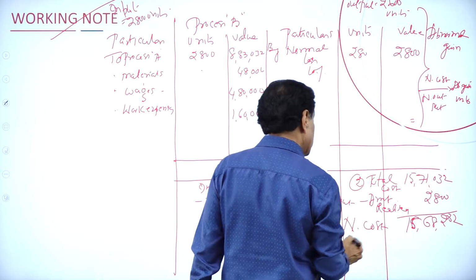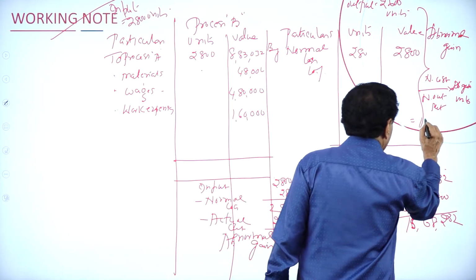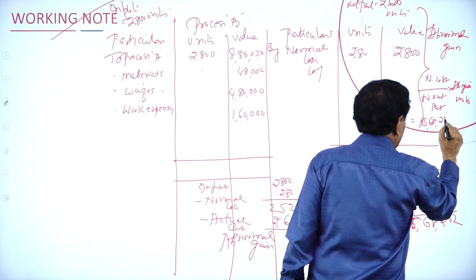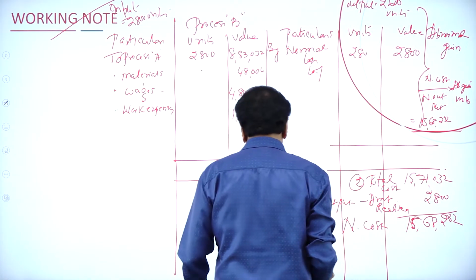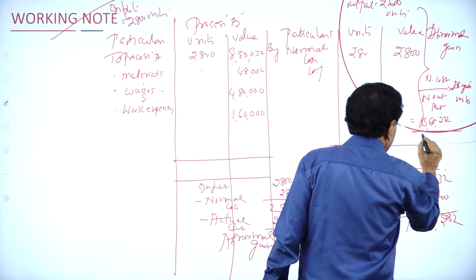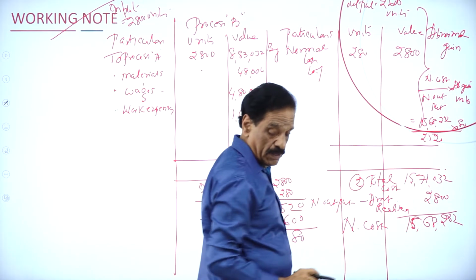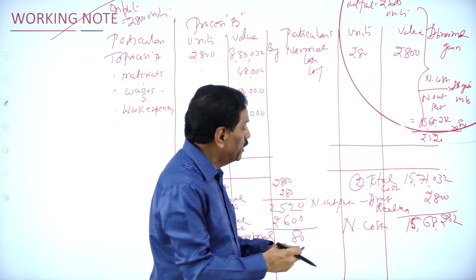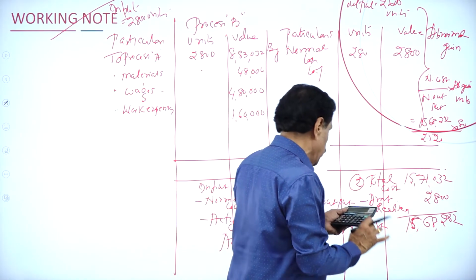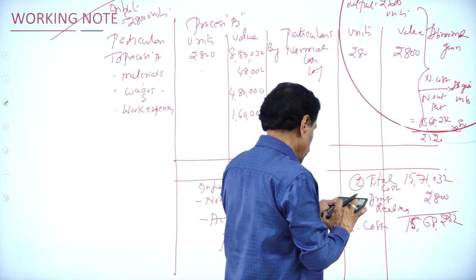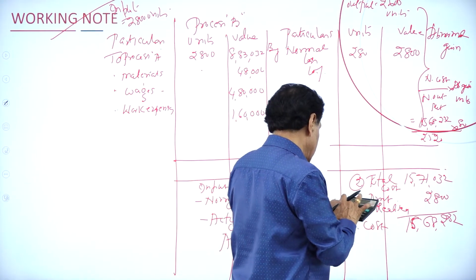What's your normal cost now? 15,68,232 divided by your normal output, 2,520, into 80. So 15,68,232 divided by 2,520 into 80.